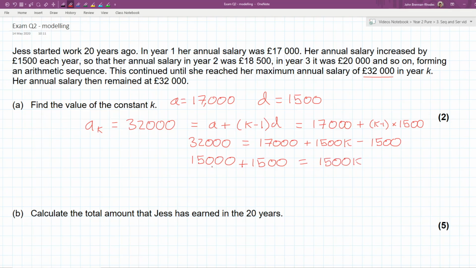And actually we can kind of see that that's 10 times plus 1 times, so we can see that we get K equals 11. Okay, so in year 11, that's when her salary reaches that. Her annual salary then remained at 32,000.